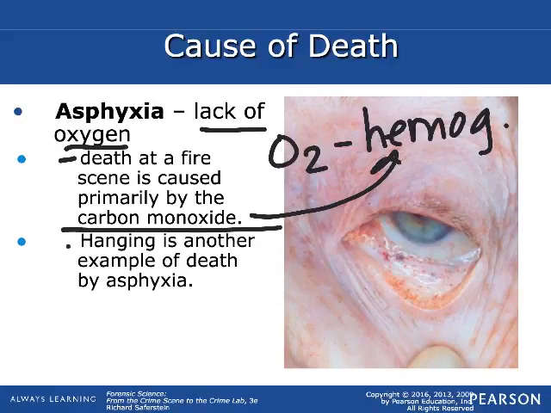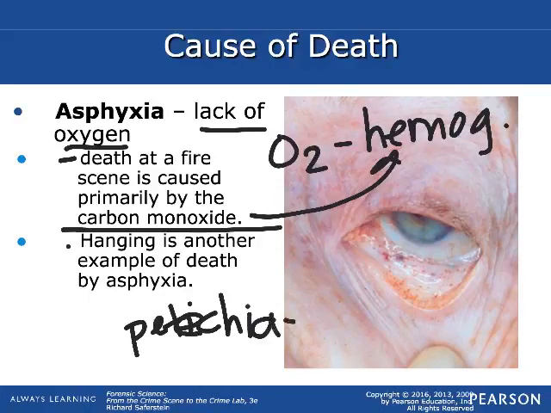Another form of asphyxia would be hanging or strangulation. Petechiae, spelled P-E-T-E-C-H-I-A-E, I need to look up the correct pronunciation. I always say petiki. Petechiae are little tiny burst capillaries.